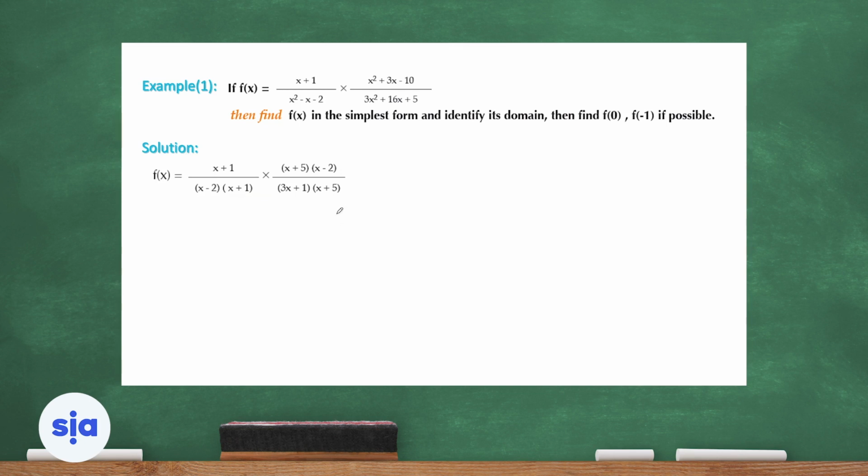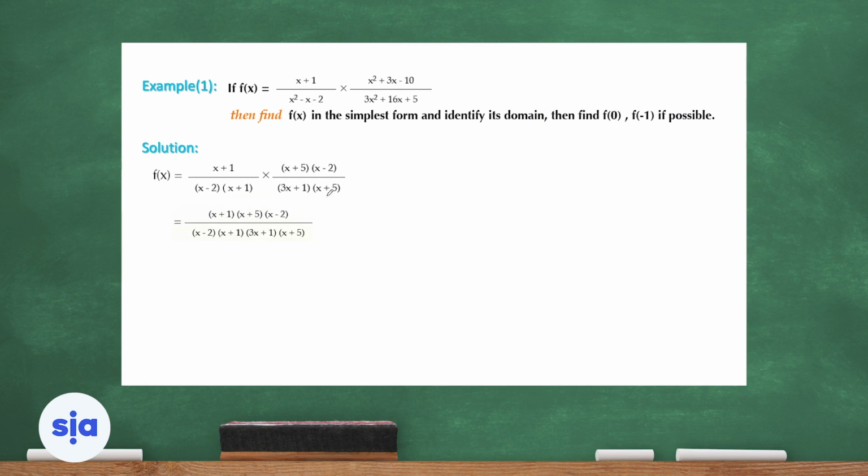After that, before you cross out, before you simplify, you need to find the common domain first. In this case, the common domain will be all real numbers, represented by R, except 2, 1, negative 1 over 3, and negative 5. After that, we need to combine the numerators together and the denominators multiplied together.